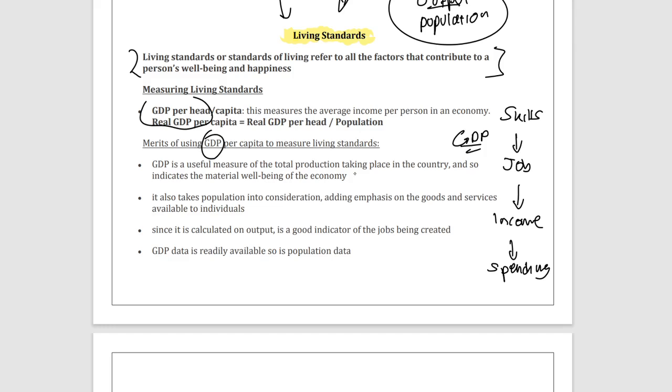GDP is a useful measure of the total production that takes place in the country, and this basically indicates the well-being of the economy. The next thing to look at is that it also includes population. I've also talked about this when we looked at economic growth.